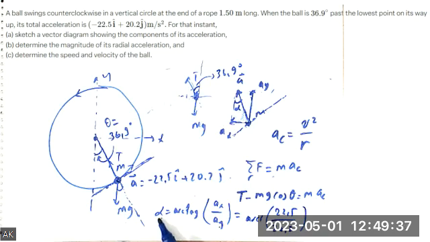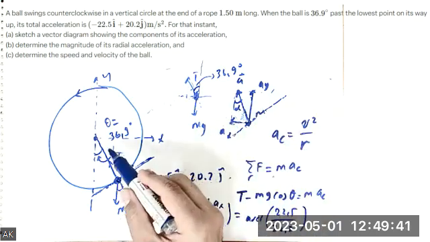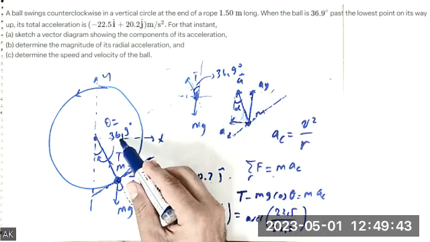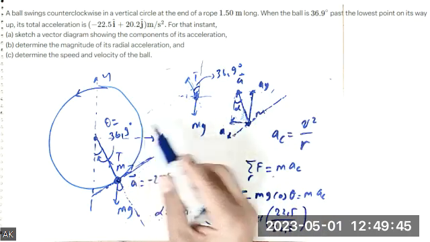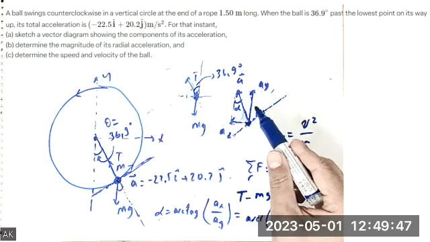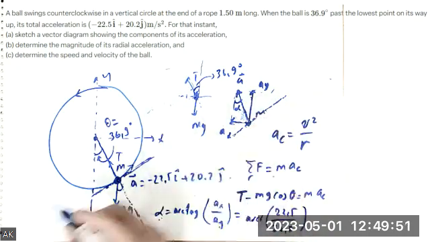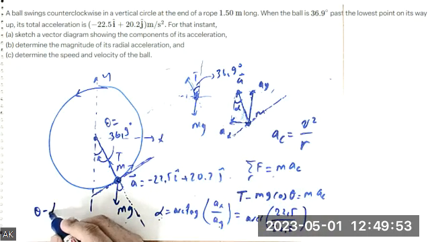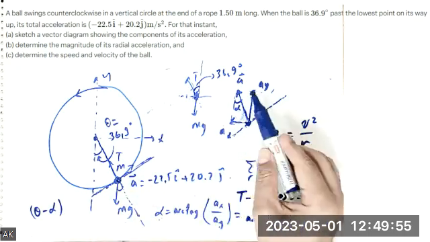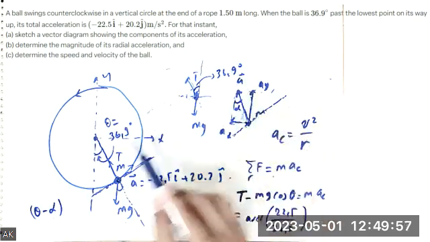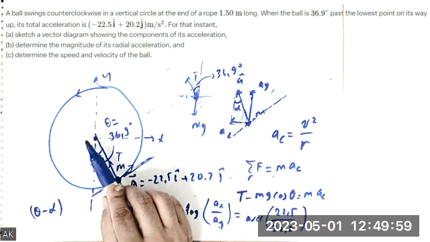The angle 36.9 may not necessarily be the same. Theta is 36.9, and this is alpha. Theta minus alpha is going to be the angle between this acceleration vector and the centripetal line.